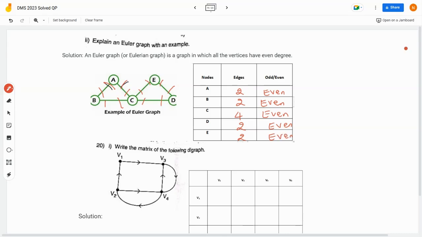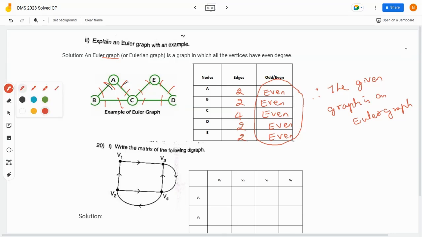So what is an Euler graph? It is a graph in which all the vertices are of even degree. Therefore, the given graph is an Euler graph.